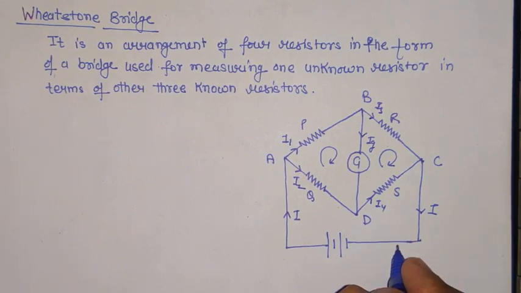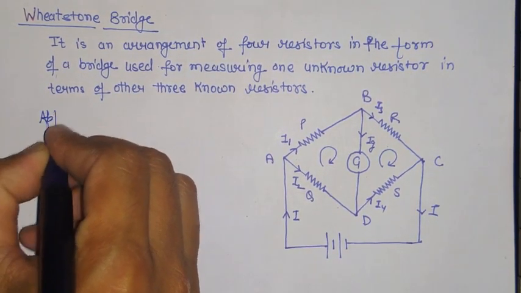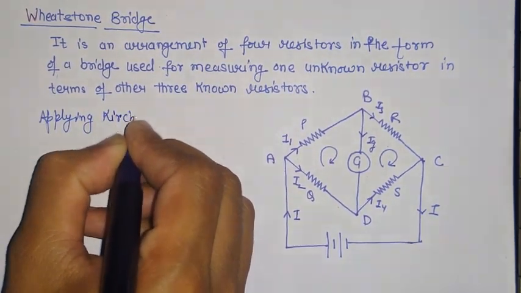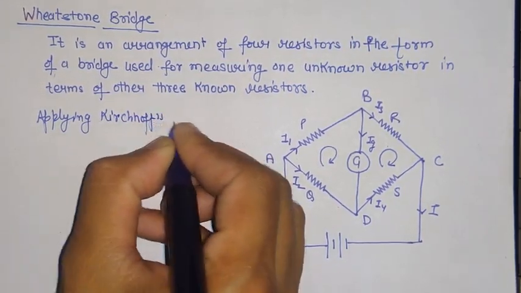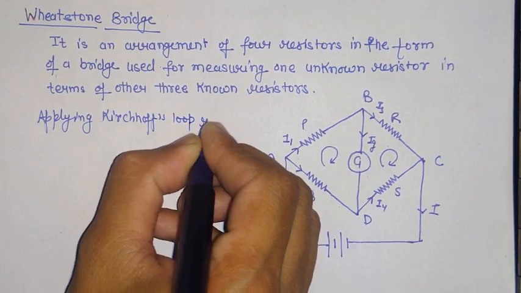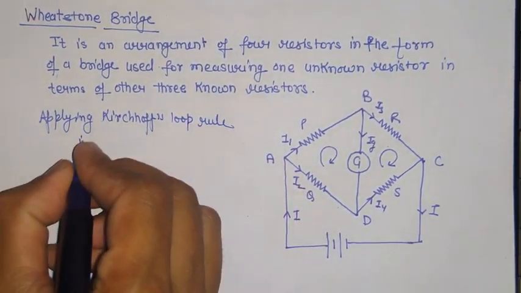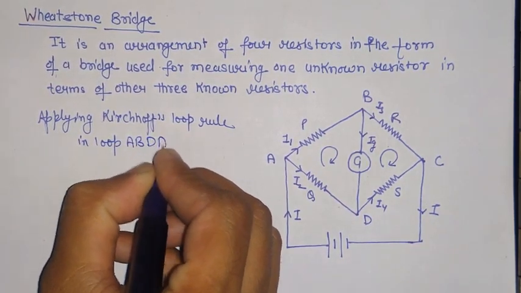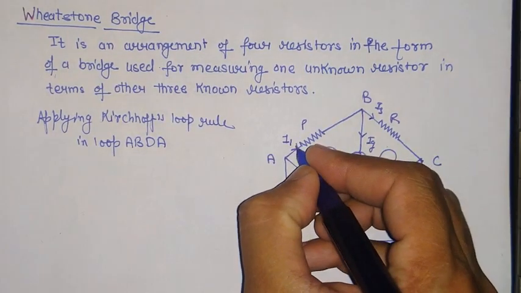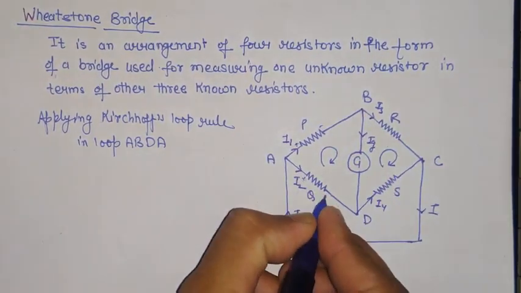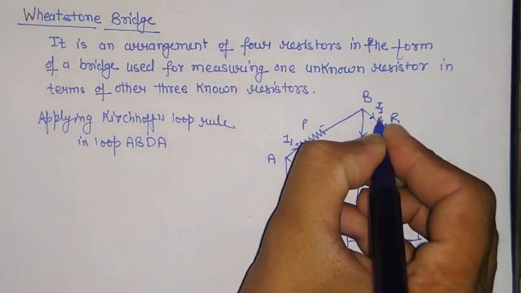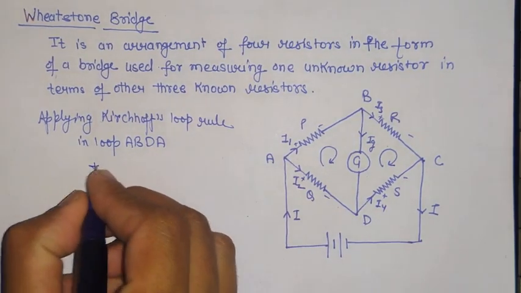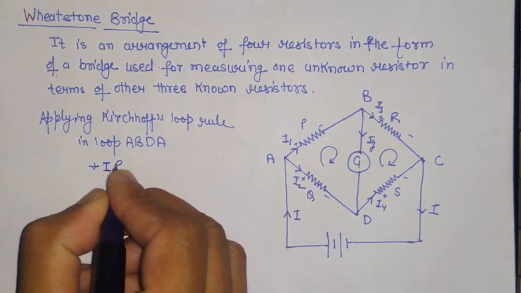Now we will apply Kirchhoff's loop rule in loop A, B, D, A. Here we take positive and negative signs. From A to B, this is positive, so we get plus I1P.